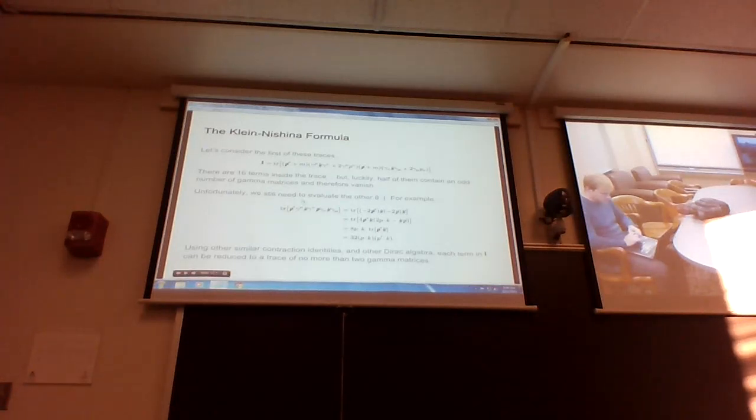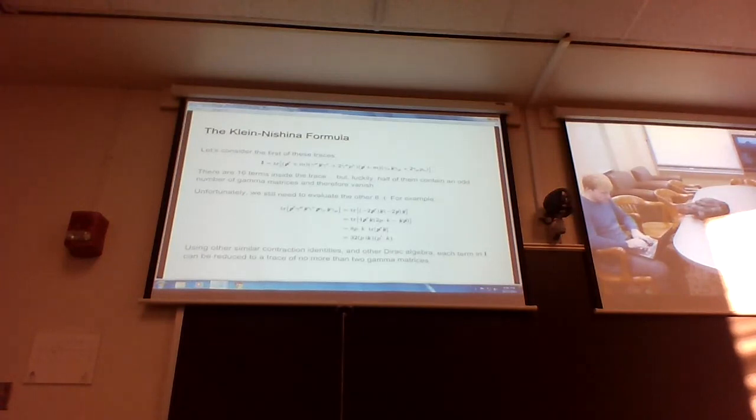But by using these tricks of contracting gamma matrices, contracting p slashes, k slashes, you can whittle it down to something you can manage. Okay? That's just one of the 8 terms in just the one trace. But once you do one of these, you can start to churn them out pretty fast.